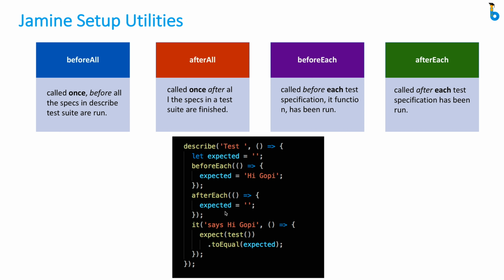That means it is emptying the expected variable. So every time, for the number of it blocks, the beforeEach and afterEach will run. Suppose you use beforeAll, it will run once before all the eight specifications. afterAll will run after all the eight specifications end.